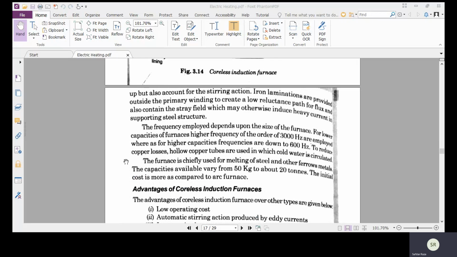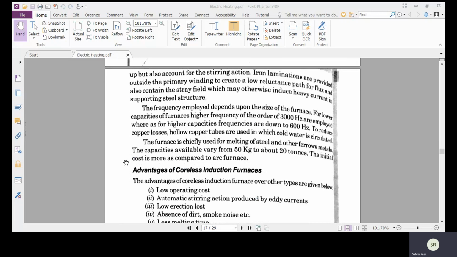The furnace is chiefly used for melting of steel and other ferrous metals. The capacities available vary from 50 kg to about 20 tons. The initial cost is more as compared to the arc furnace.